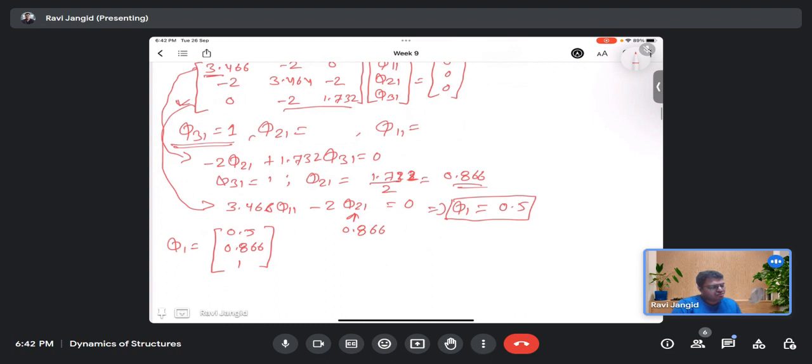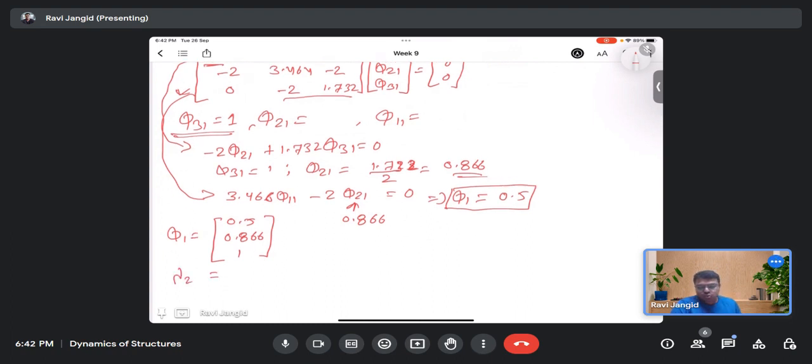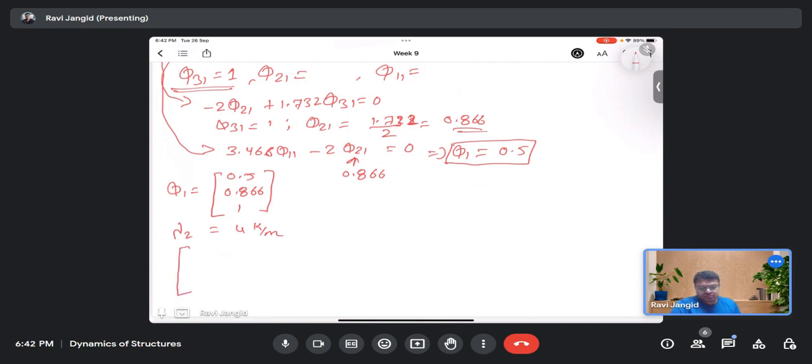Similarly, you need to find out for lambda 2, or the omega 2, which is 4 into k by m. So that you can do easily. I am writing the final matrix directly. That is 0, minus 2, 0; minus 2, 0, minus 2; 0, minus 2, 0, times φ12, φ22, φ32, equal to 0.